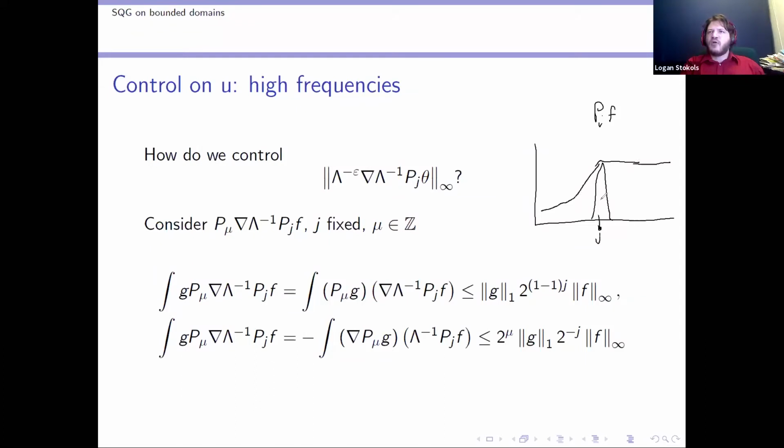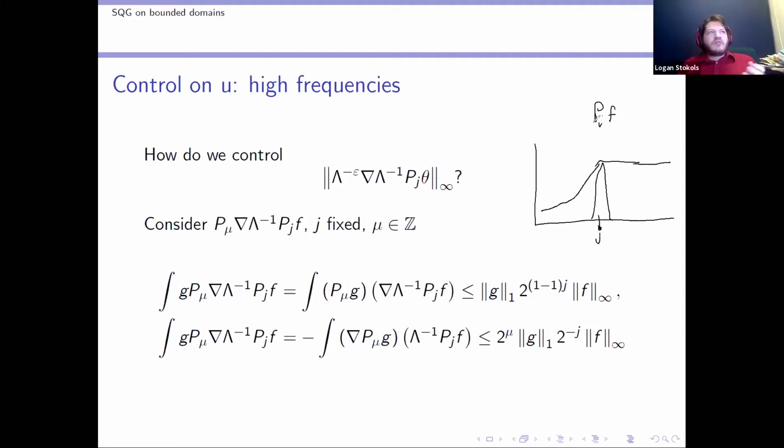They start off localized, you take the gradient, and now it's exponentially decreasing to the left and then bounded by a constant to the right. So the frequencies get smeared out a little bit, but in a predictable manner when you take the gradient of something that's localized in frequency, which is a commutation relation on the gradient and the Laplacian. It's a subtle commutation relation, but that's what we're saying.